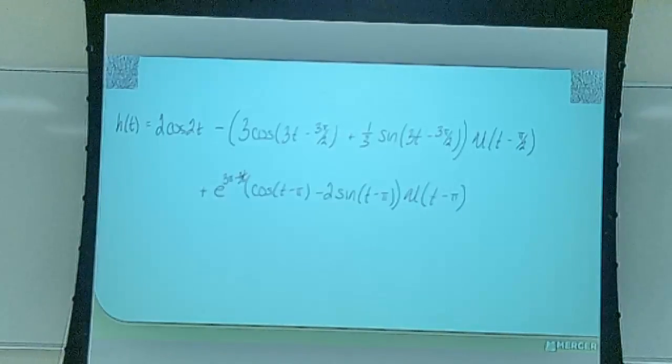Wolfram does fully simplify it for me. That is a third cosine of 3t minus 3 sine of 3t.